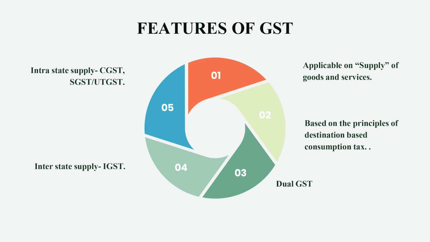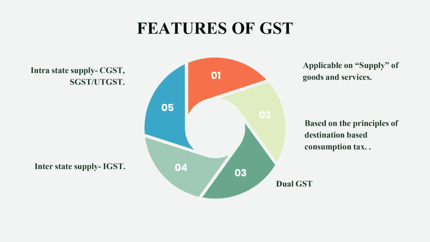For example, if you are supplying goods at the rate of 5%, then 2.5% will be earned by the central government and 2.5% by the state government. So under dual GST, both the state and the central government have the power to charge GST on the same transaction. That is called dual GST.